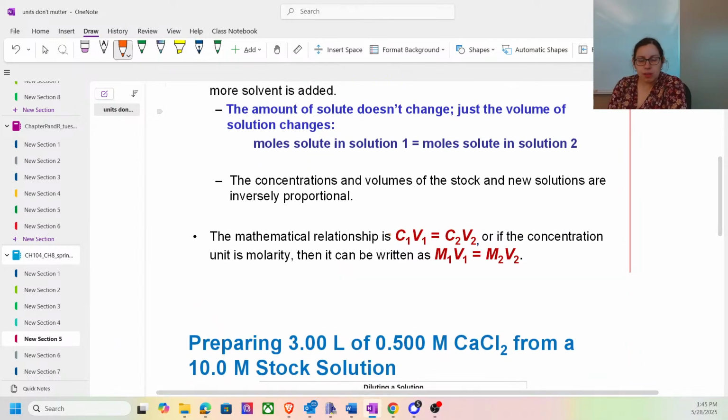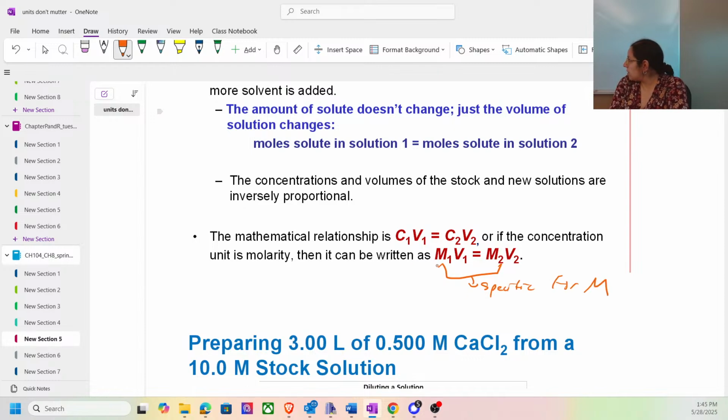You often see this formula as M1V1 equals M2V2, which is obviously specific to molarity. But I really don't see the point in this formula because, like I said, it applies for everything. It's just a relationship, so it doesn't matter what our concentration or volume are in.